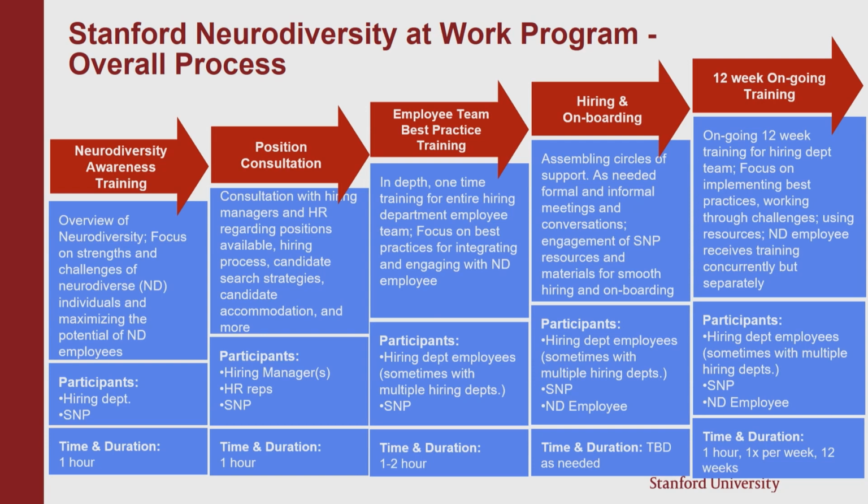I'm not going to go over the process in detail, but basically we are helping both the neurodiverse individual as well as the team to find the best match. We do not use the typical interview process because it really doesn't work so well for neurodiverse individuals, and we would like to change that. So that's why we are making a completely different model.